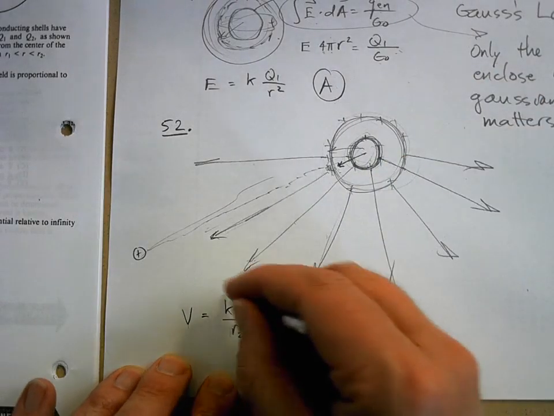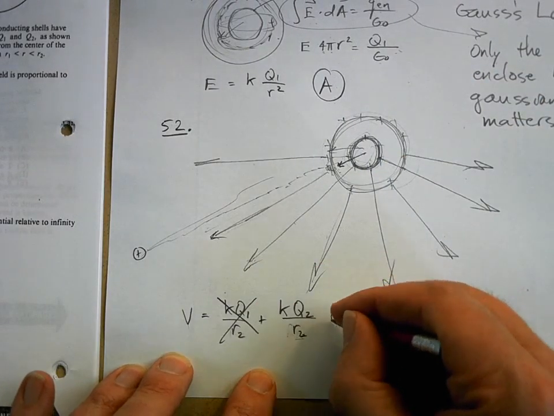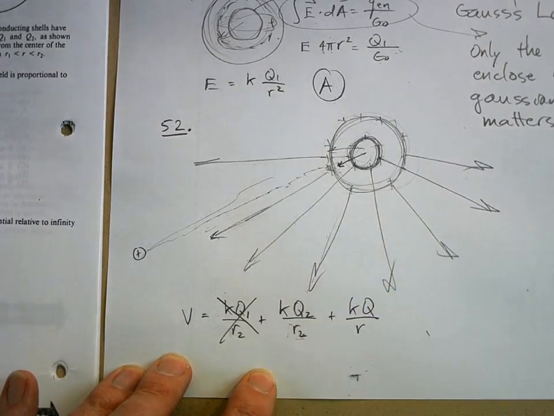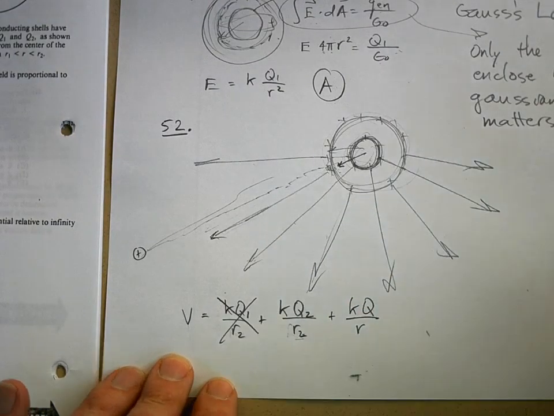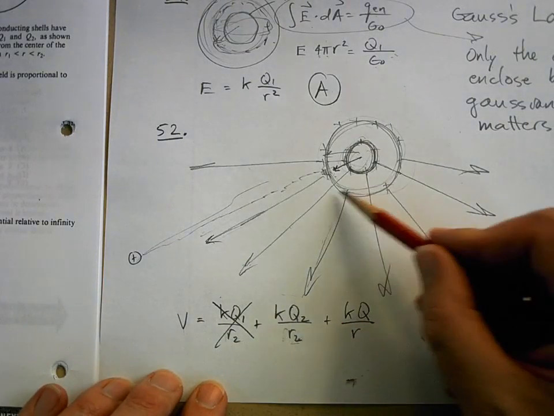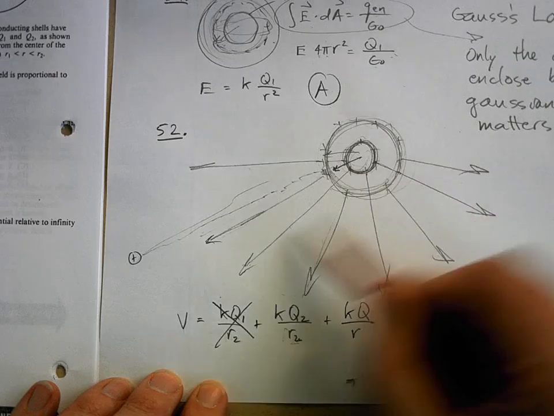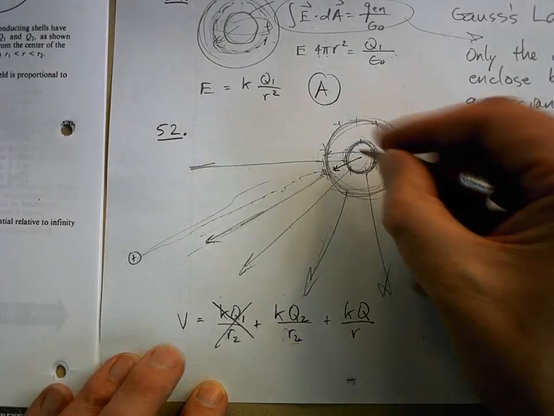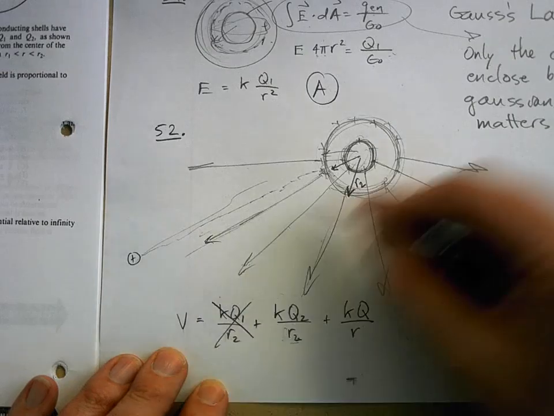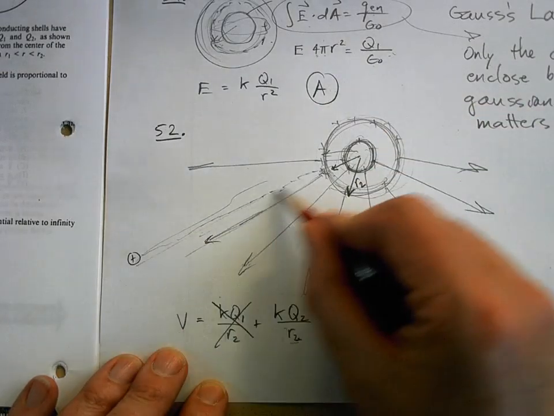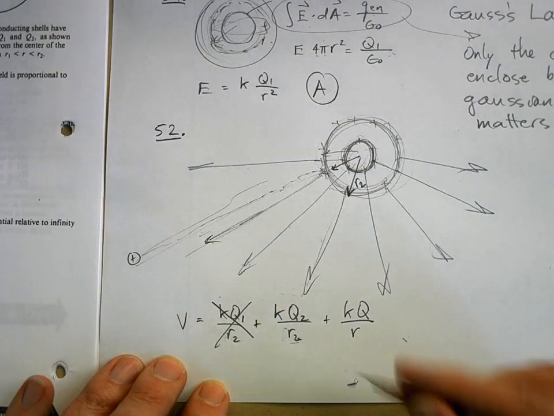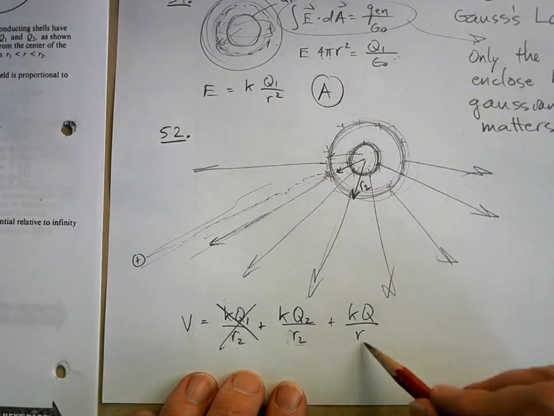I have to go plus KQ1. You go all the way to R. You don't stop at R2. So for this charge, Q2, you only go to R2. Remember, this distance right here is R2. But from infinity out to this one, you go inside a little bit more. So that's where you stop with Q1.